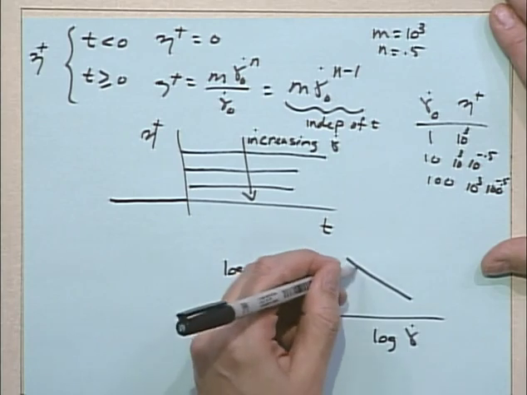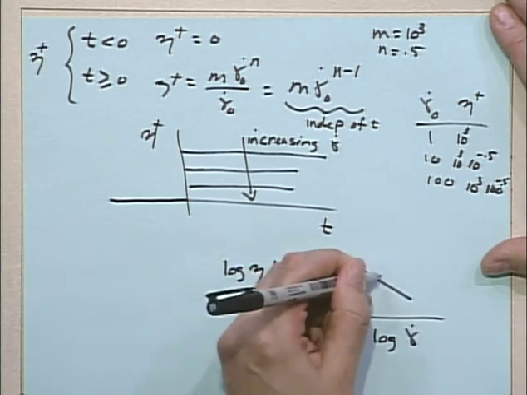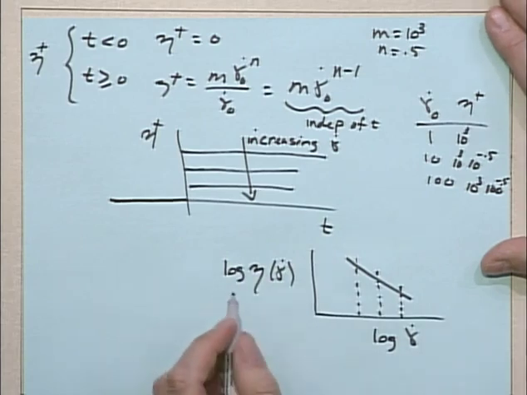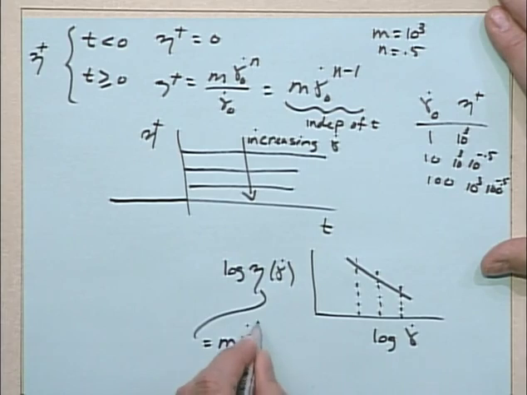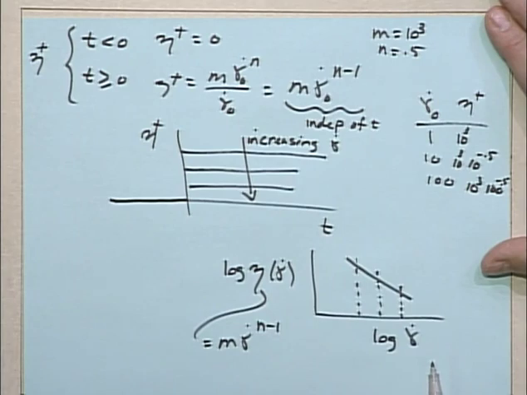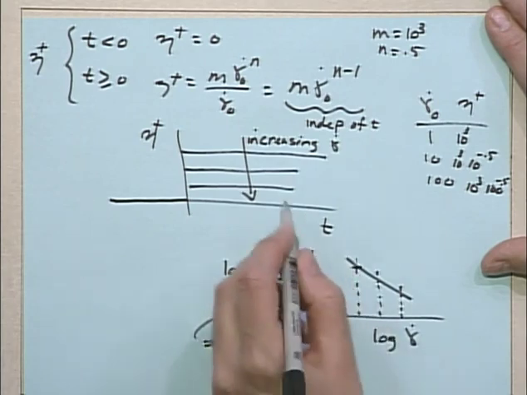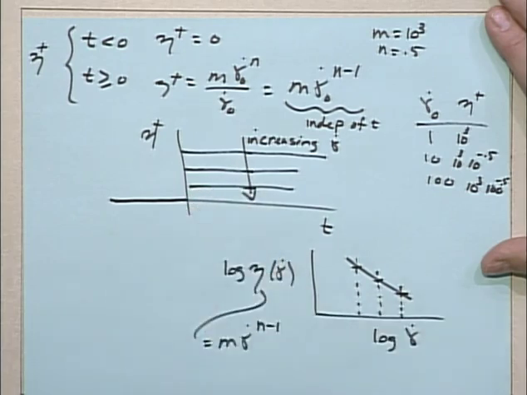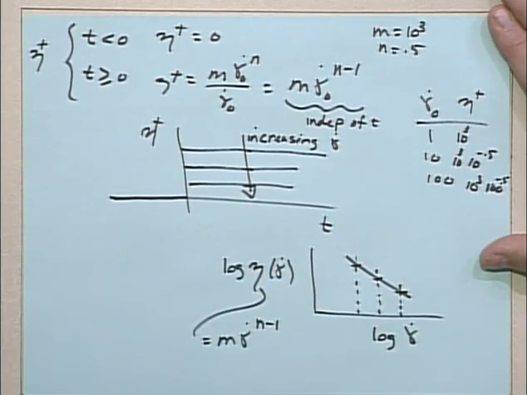And so when you pick off different values of eta that it steps up to, this eta in our case is equal to m gamma dot to the n minus 1. The same answer we got, except evaluated at gamma dot naught. And so it's the same deal, that at an increasing shear rate, it goes to smaller values.